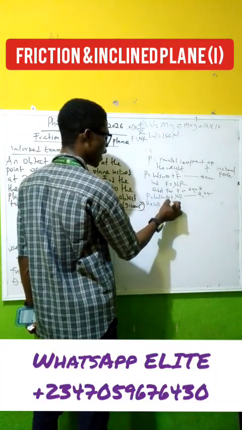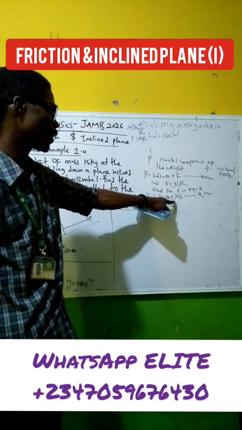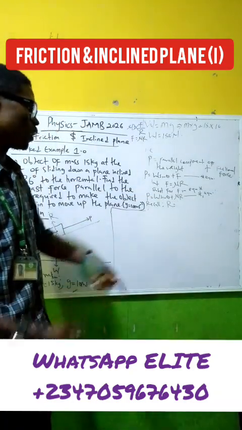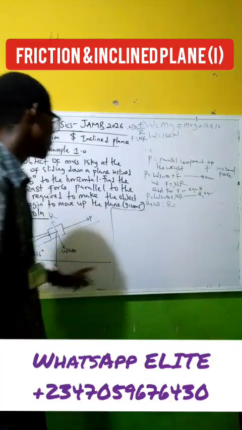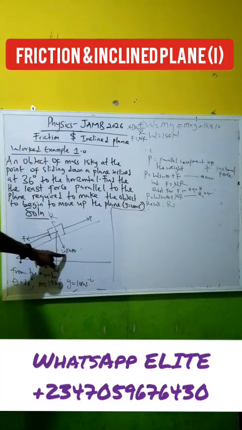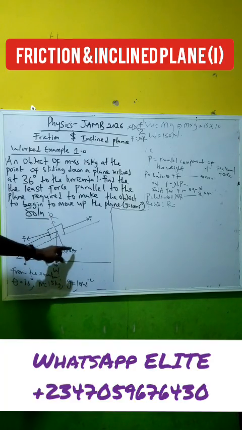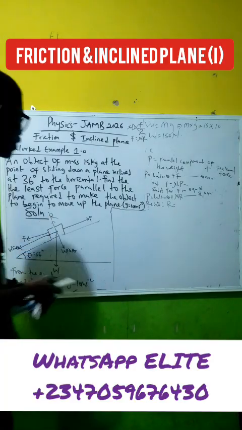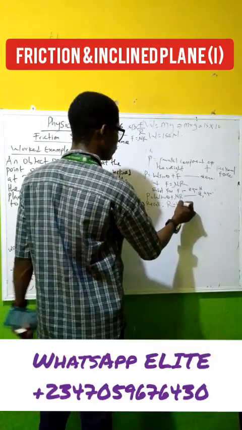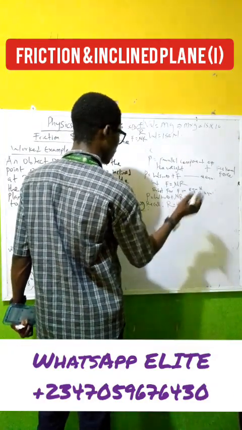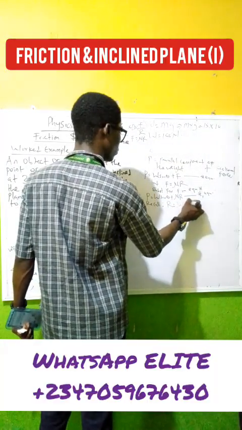Recall again that R, because they didn't give us the coefficient of static or limiting friction, they didn't give us the coefficient of friction. So you also recall that our R from this diagram, it is facing this way, it is opposite. So it means that R is equal to the vertical component of the weight, that's W cos theta.